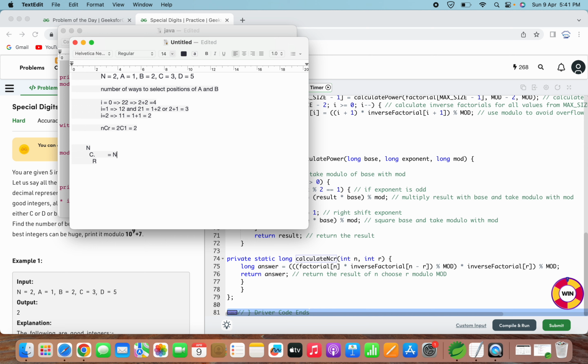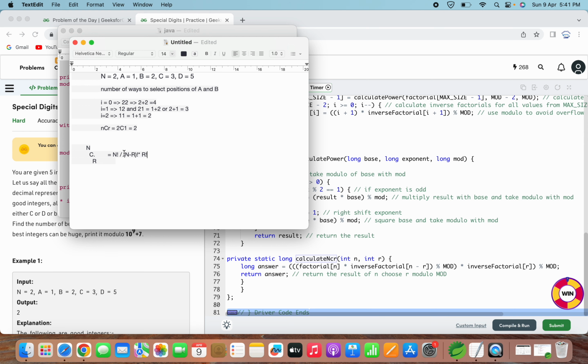It will be n factorial divided by n minus r factorial into r factorial. So this is the formula of NCR: n factorial divided by n minus r factorial into r factorial.